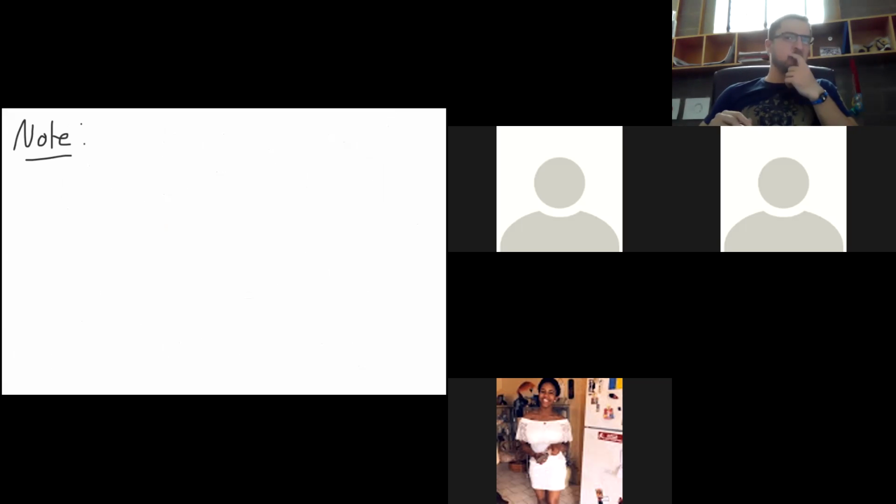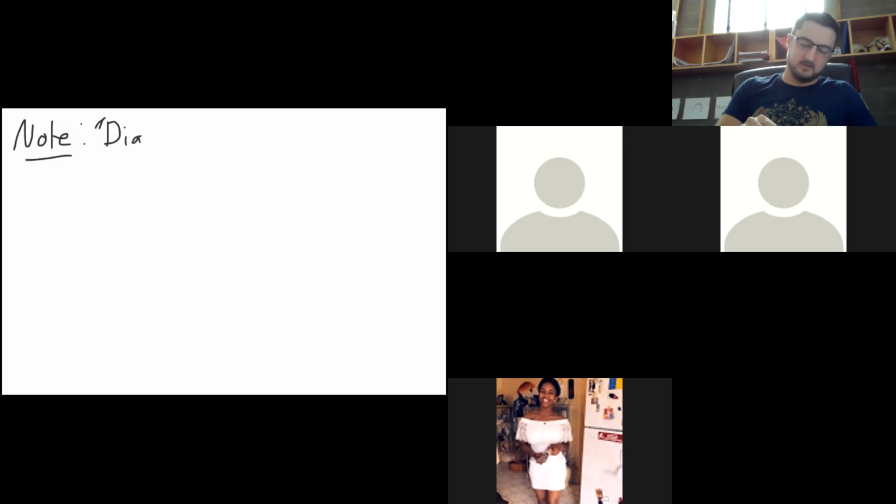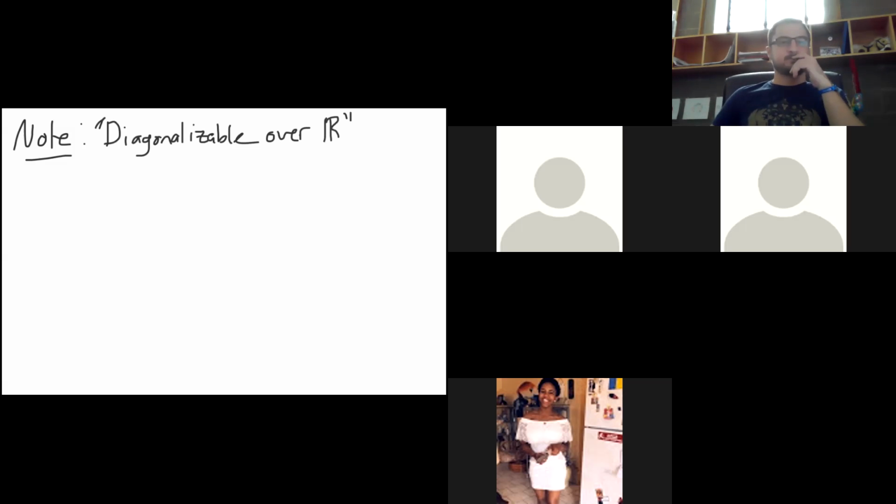So just a couple language things that I wanted to make note of, especially for the homework, because we haven't used this specific type of language before, though it's not really anything of consequence. Whenever you see this statement, or it's asking if it's diagonalizable over the real numbers, or the C, which is the complex numbers, but let me write this all out. So diagonalizable over the real numbers.